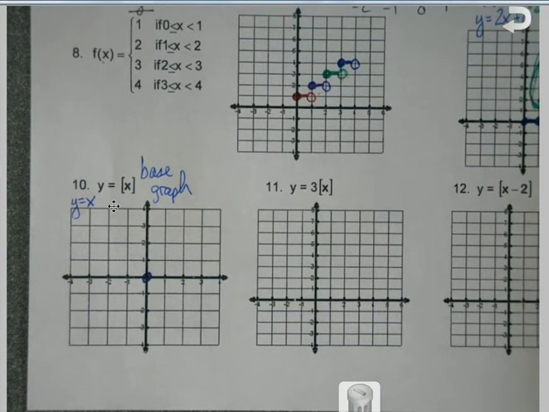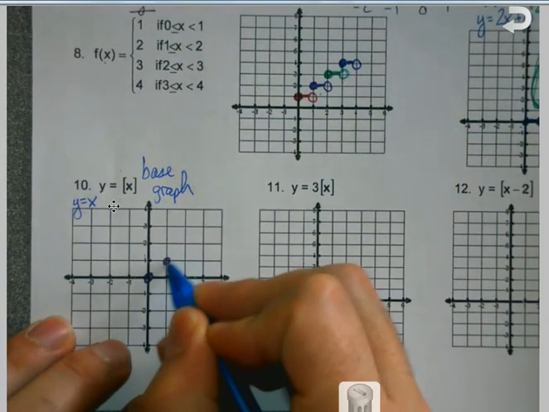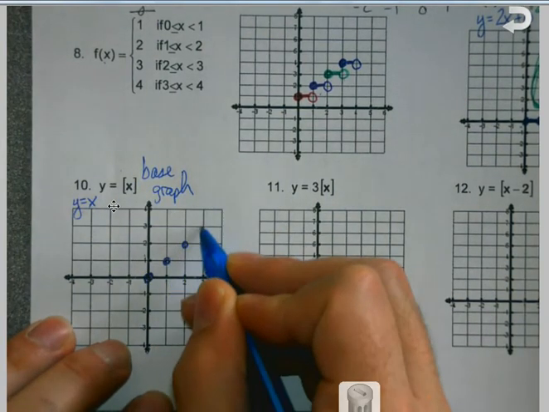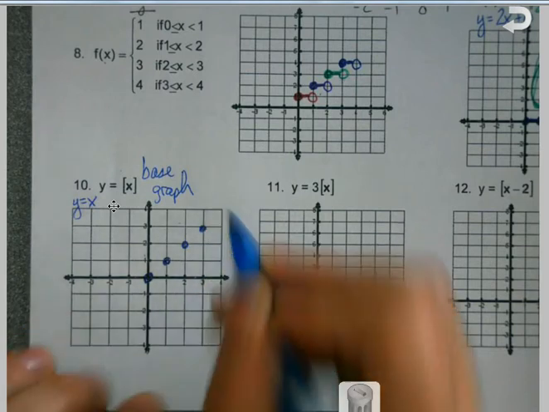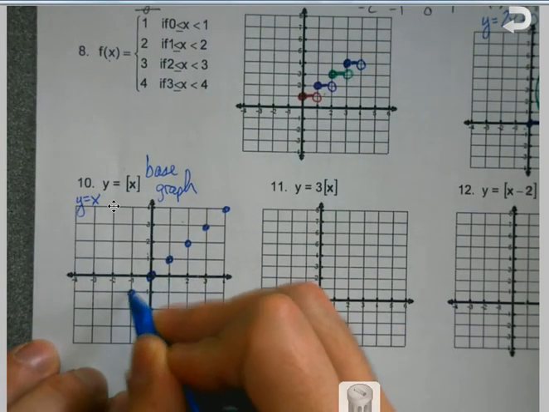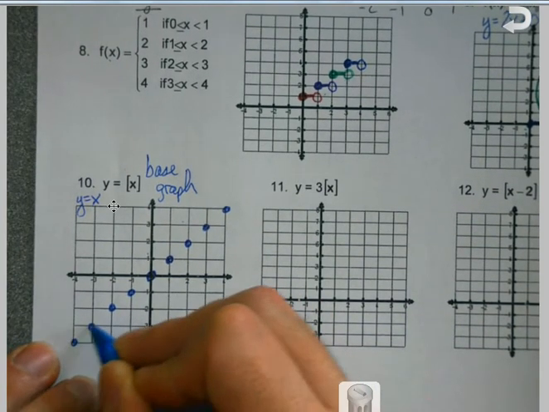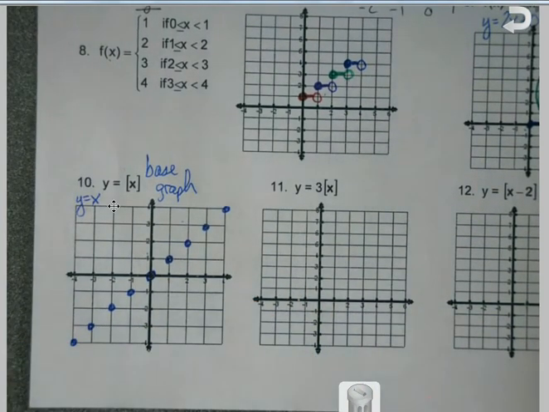And again, any of my initial dots are going to be the colored in ones, the or equal to's. And my slope would be like 1 over 1. And since there's no restriction, I'm going to fill in as far as I can going both directions with filled in dots.